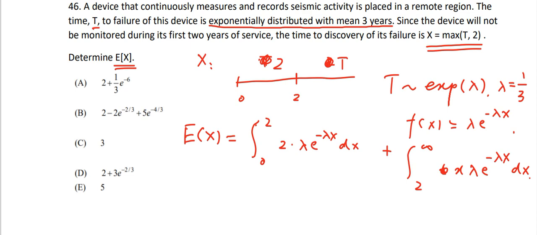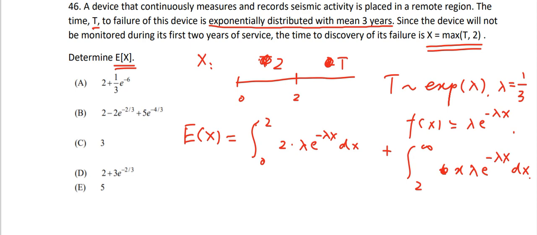Okay, so this becomes just an integration problem. For the first part, for the exponential distribution, we should remember the notation. This is just like 2 times the probability between 0 and 2.